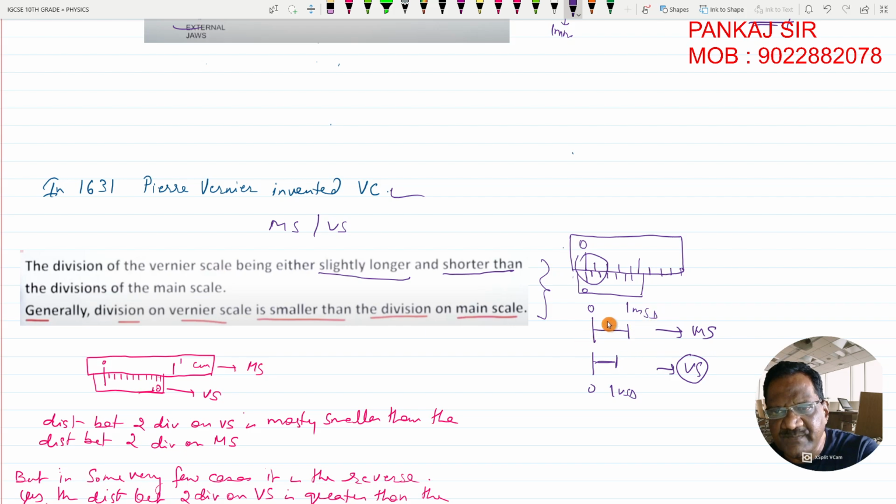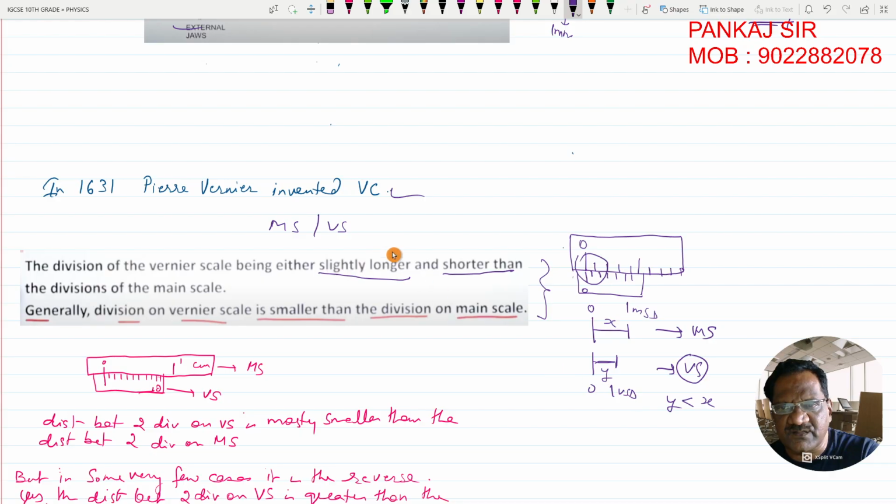Suppose this is your x and this is your y, then you will always find that y is less than x. The distance between two consecutive divisions on the vernier scale is slightly less than the distance between two consecutive divisions on the main scale.